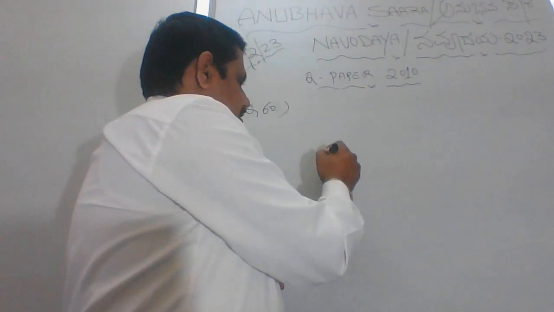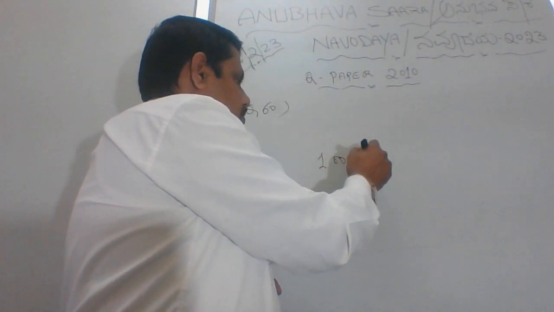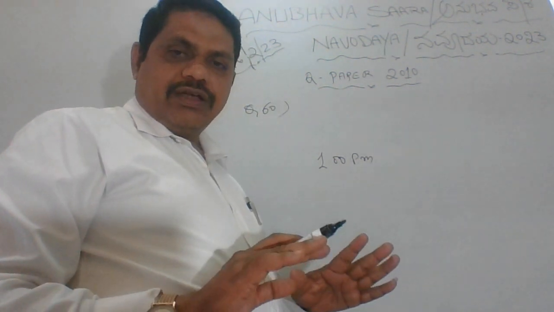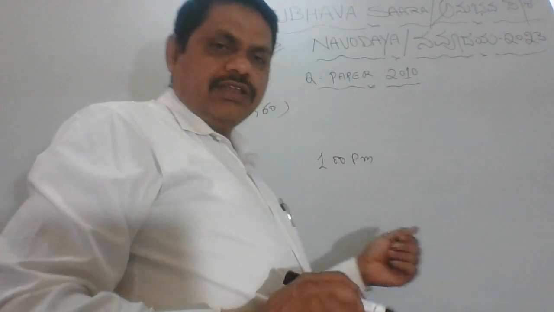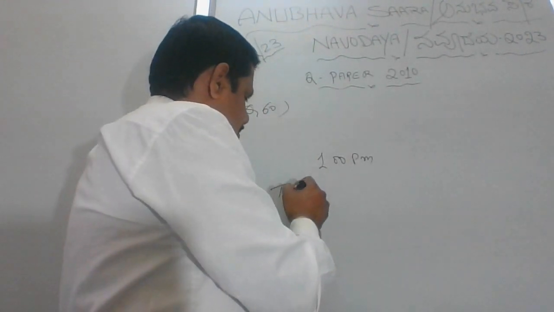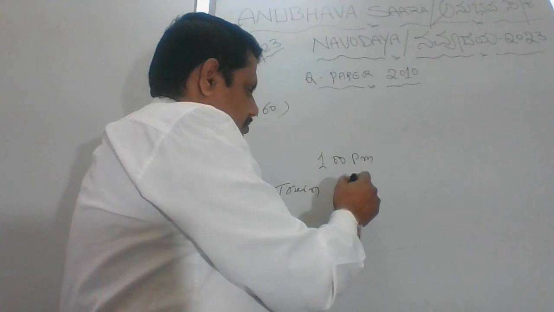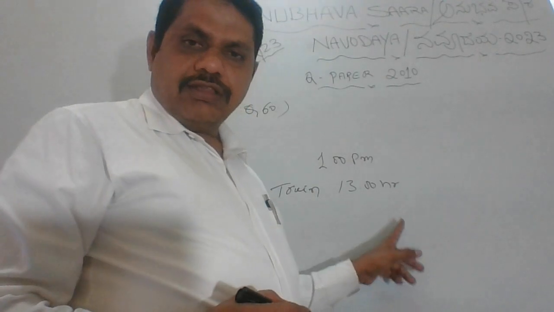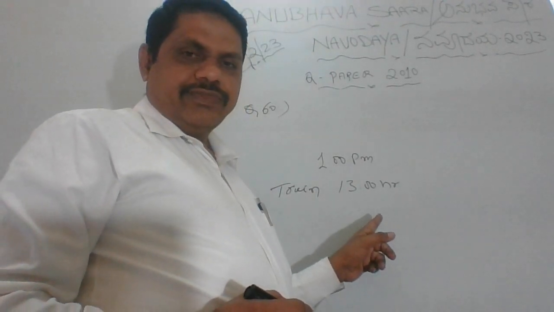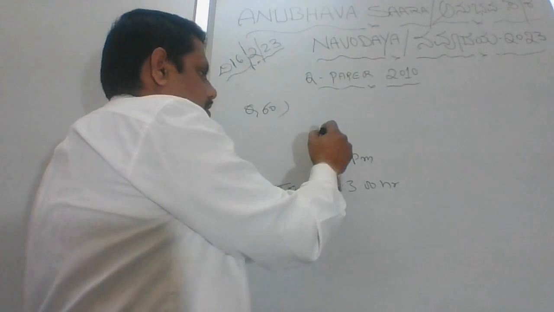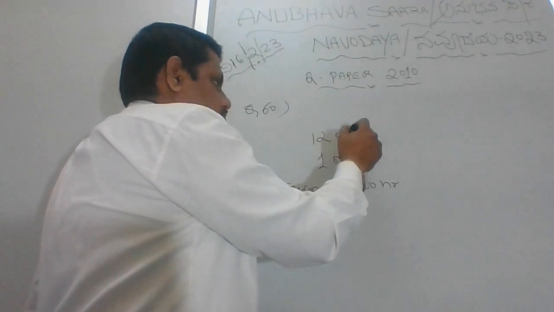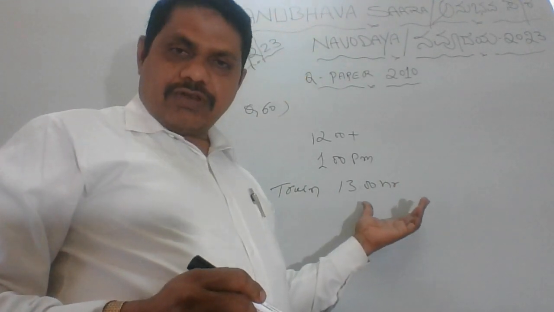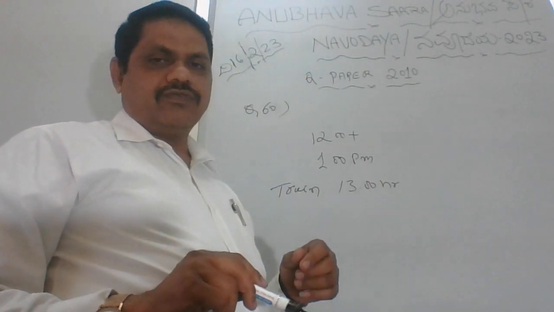Rather than saying 1 p.m., which is the general timing, in a train this is called the 13th hour. That means 12 plus 1, so the 13th hour is nothing but 1 o'clock in the afternoon.